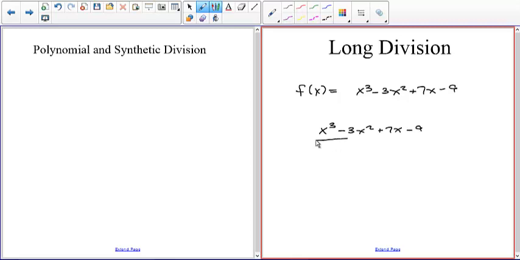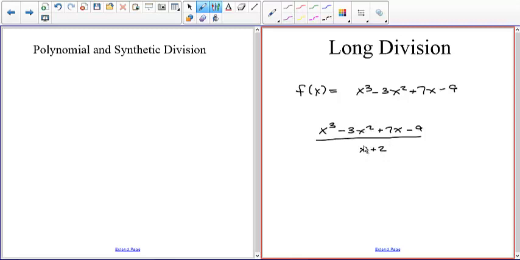So one way you can think of it is I'm creating a rational function, and then I'm simplifying the rational function. Now if I divide this polynomial by this factor and I get a zero remainder, then I know that this factor is one of the factors. This denominator is one of the factors of the polynomial.